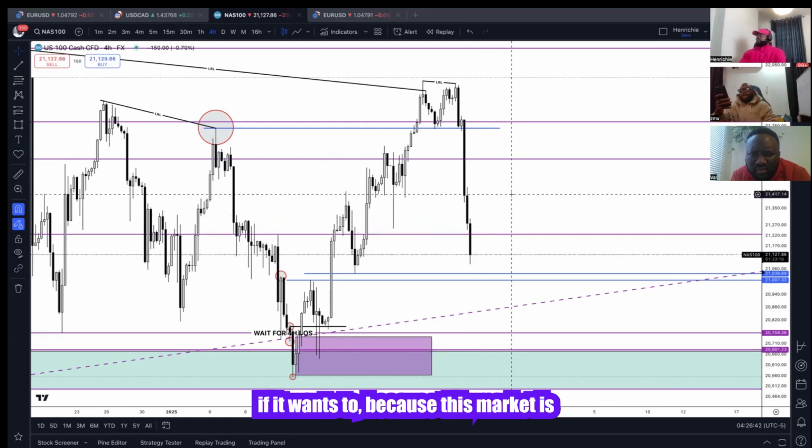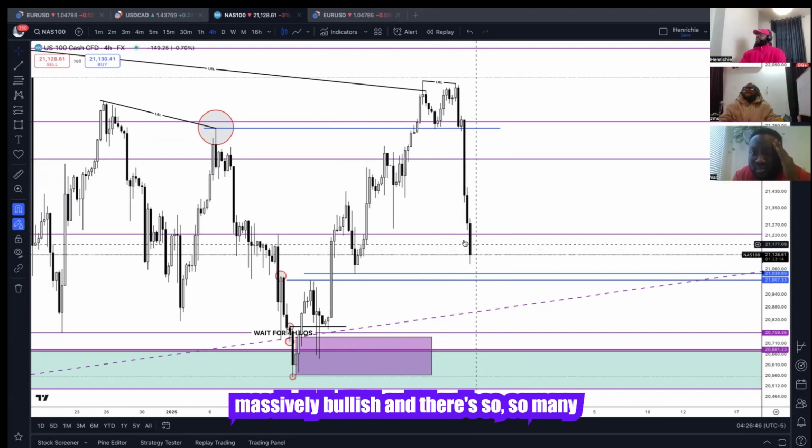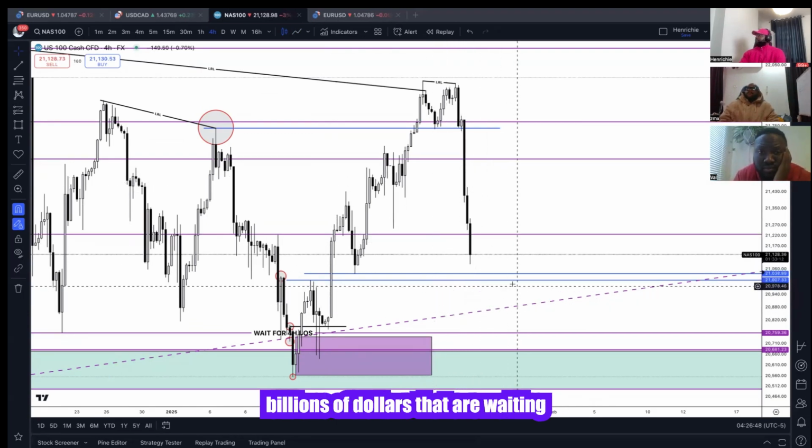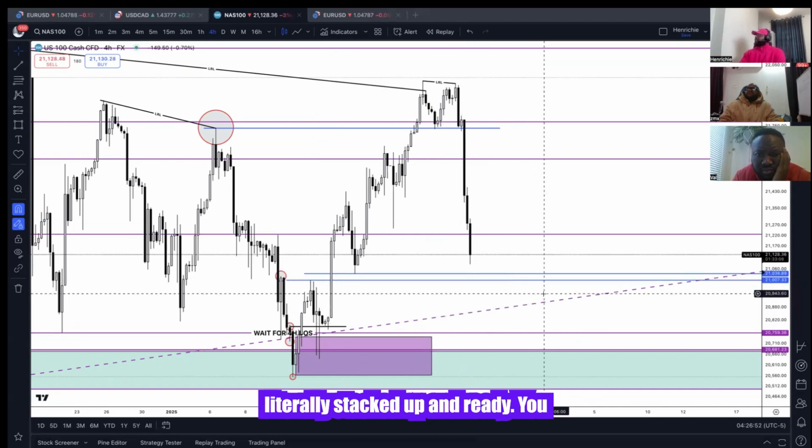It can do that if it wants to, because this market is massively bullish and there are so many billions of dollars waiting on the sidelines to get in. They are literally stacked up and ready.